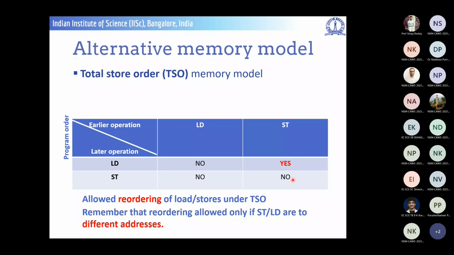Also remember, these are specified on a per-core basis. The beauty of the memory consistency model is that although we are talking about parallel programming, the reordering constraints you are specifying are for each core. As long as you stick to this requirement for each core, you will follow that memory consistency model.